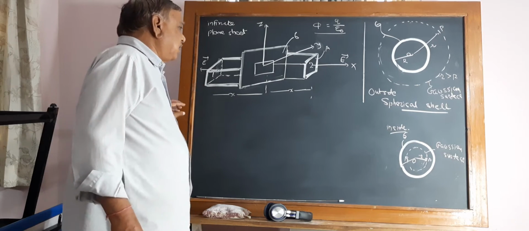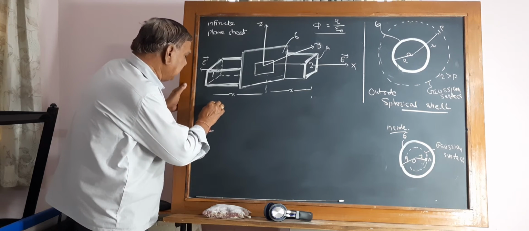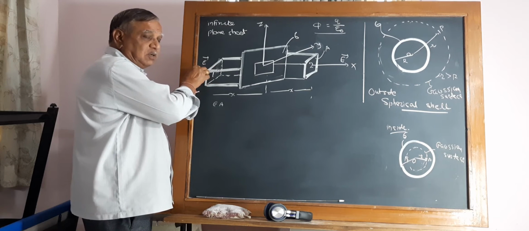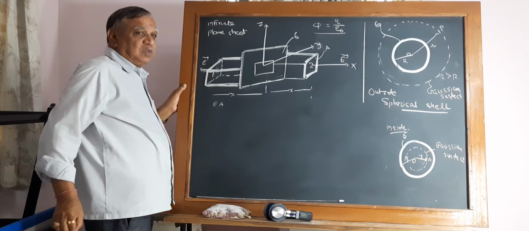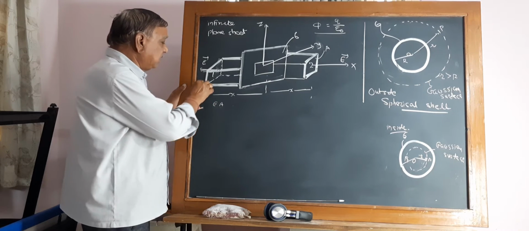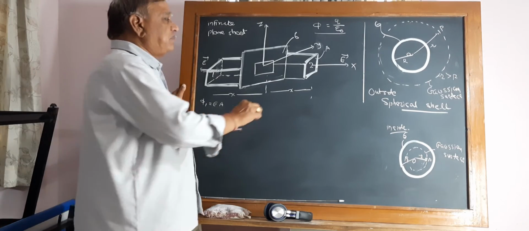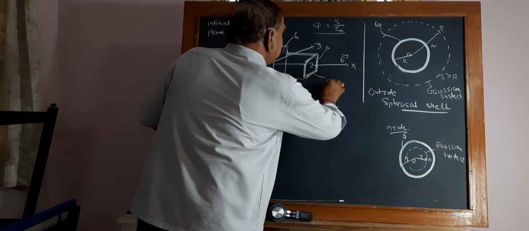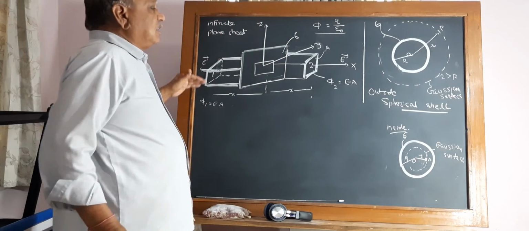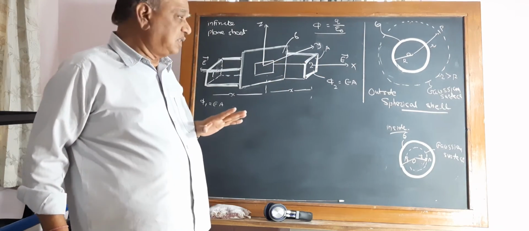So the flux linked with the first surface is EA. Actually the field and the surface vector are in the same direction, so EA cos 0, which is EA. That is flux phi 1. Similarly for the other end, phi 2 is also EA, since A and E are both along positive x.